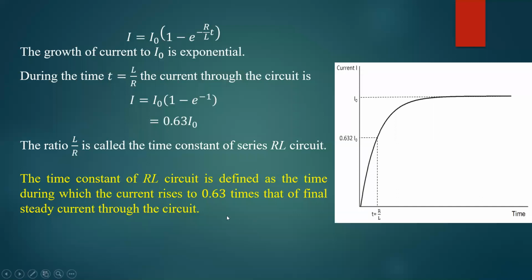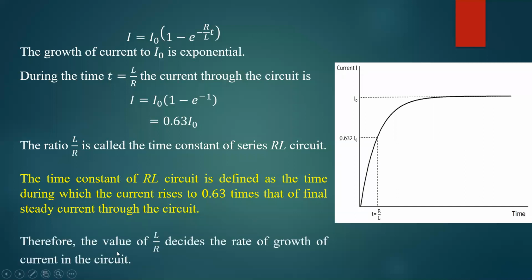Therefore, the value of L by R decides the rate of growth of current in the circuit. How fast the current increases in the circuit is decided by the value of L by R. If L by R is larger, it takes a long time for the current to increase.